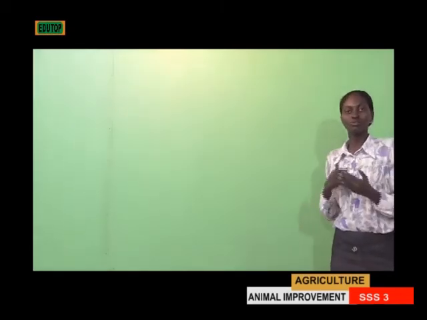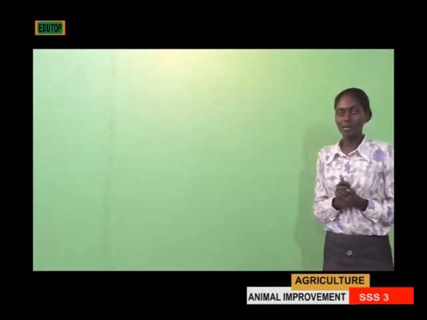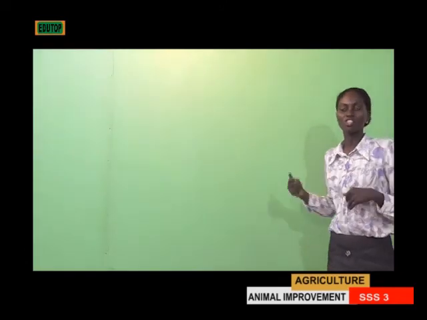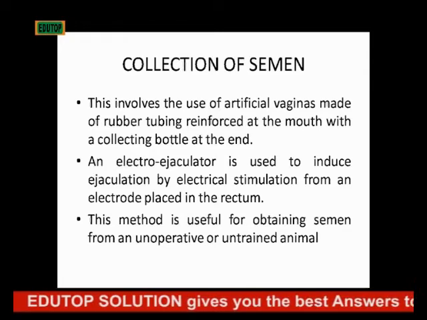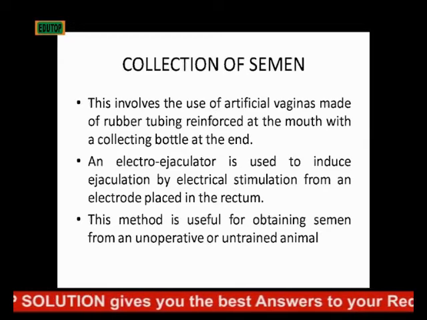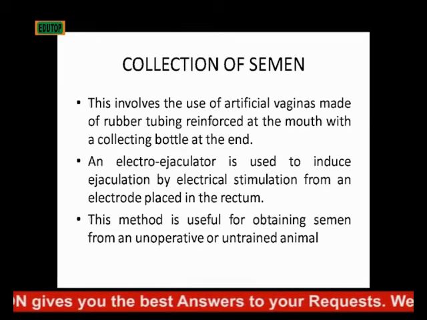So how do we go about artificial insemination? The first step is the collection of semen. That is, how do you get the sperm cell or the spermatozoa from the male animal? This involves the use of artificial vaginas made of rubber tubing, reinforced at the mouth with a collecting bottle at the end.